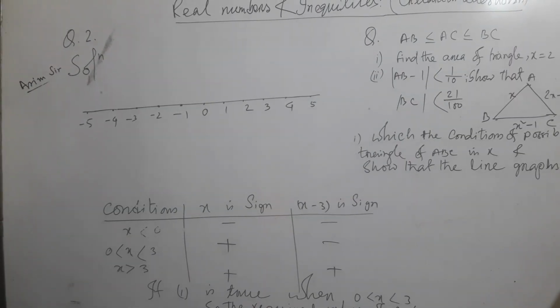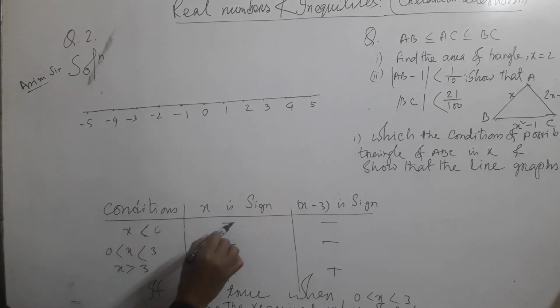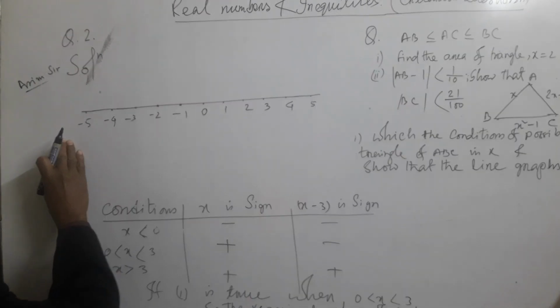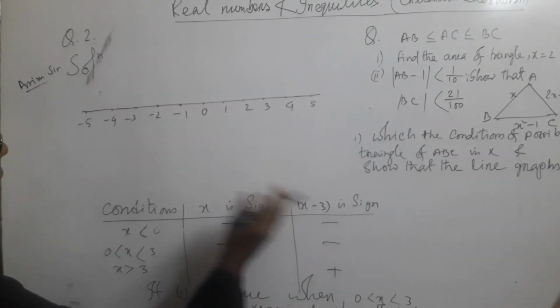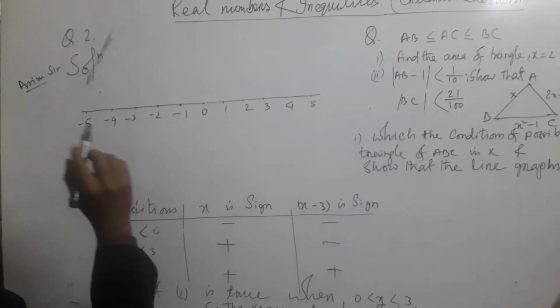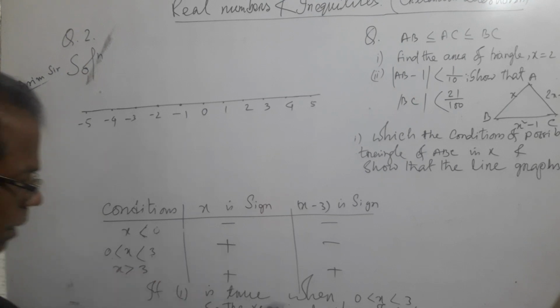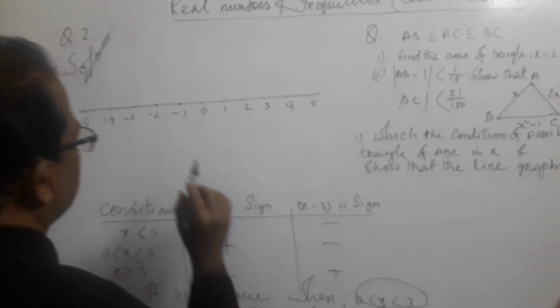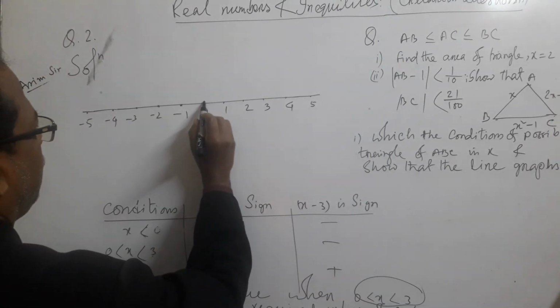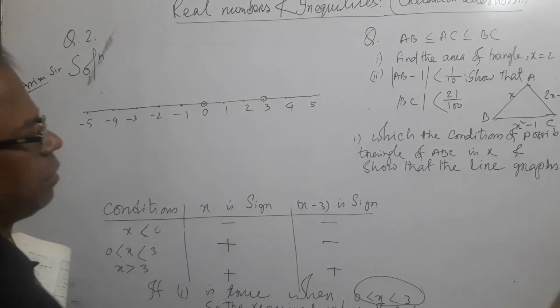So you have to make this process clear. x is less than 0 তে নেগেটিভ, তার মানে এই দিকে, and x minus 3 থেকেও নেগেটিভ, তার মানে 0 থেকে 3 is the countable values, so this is the 0 and this is the 3.